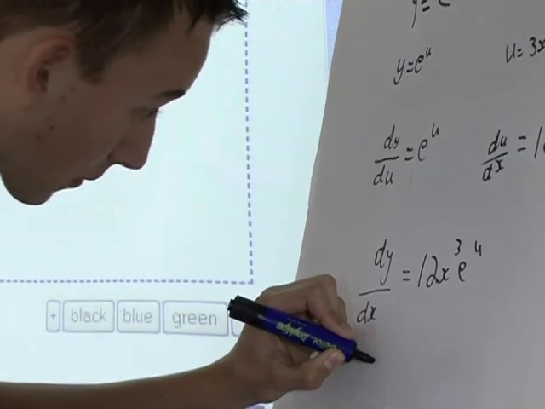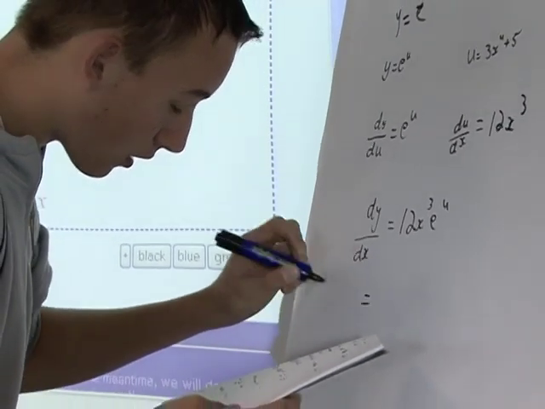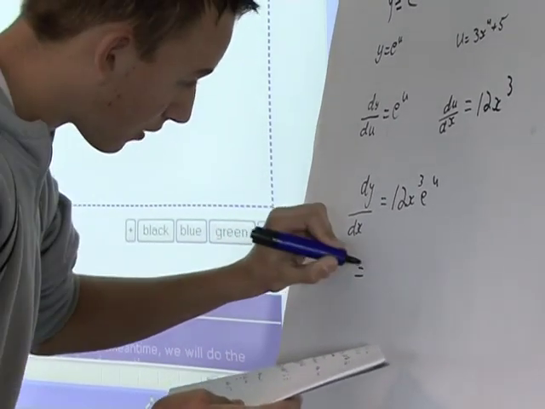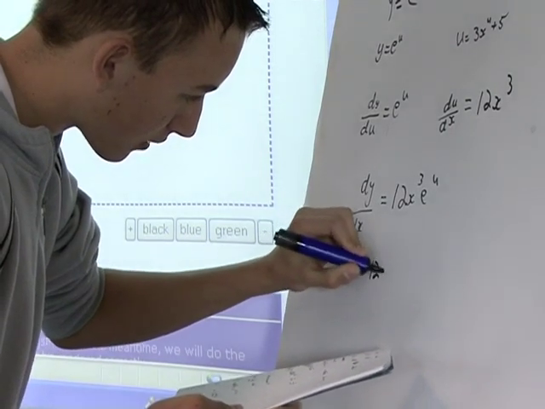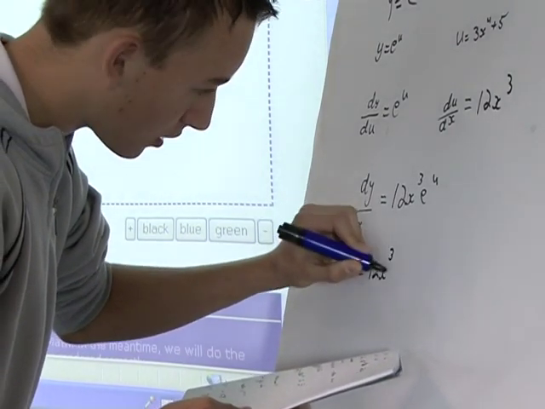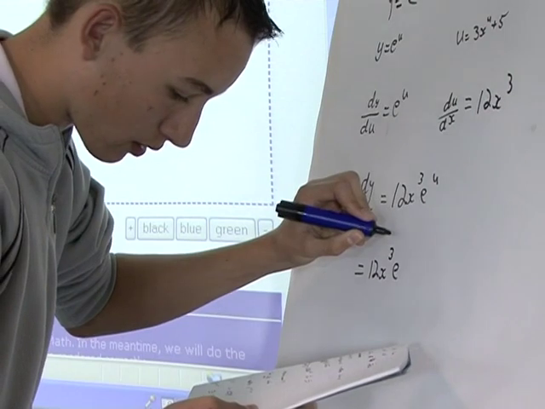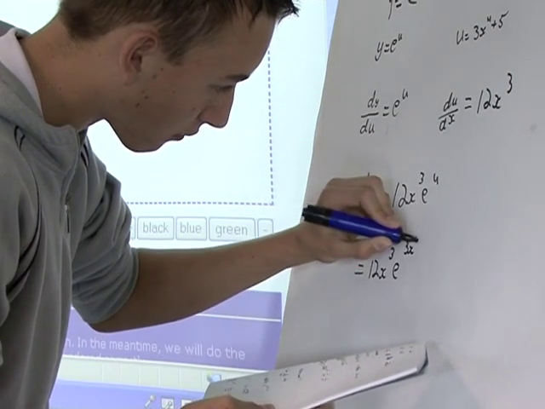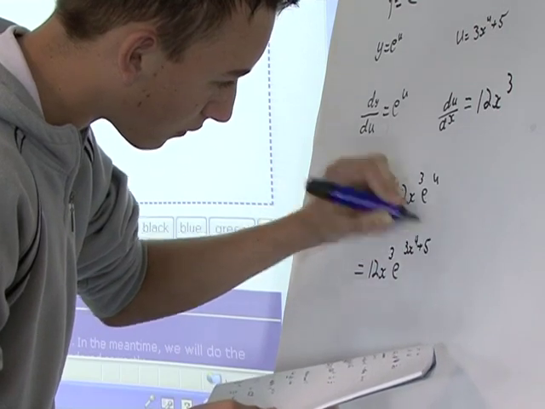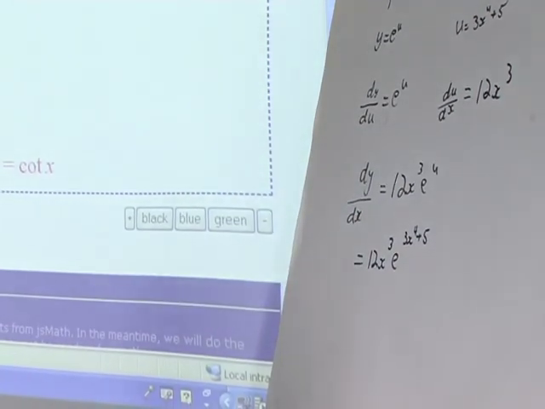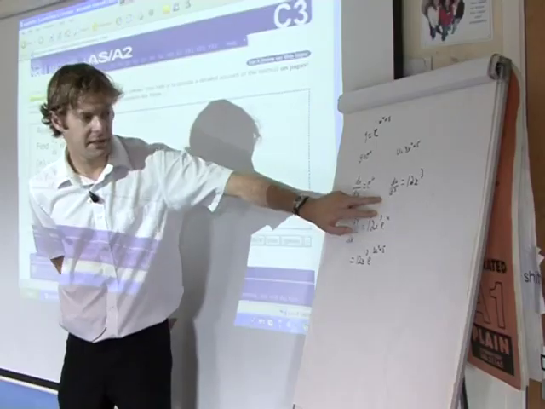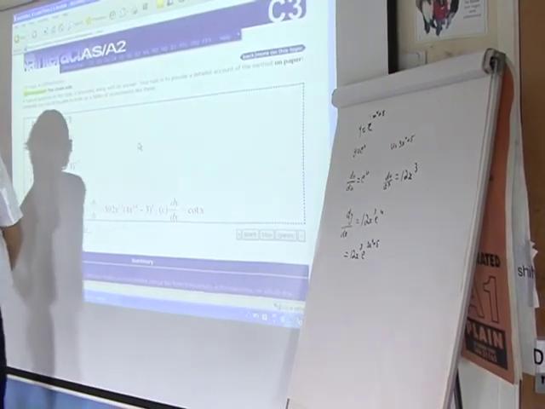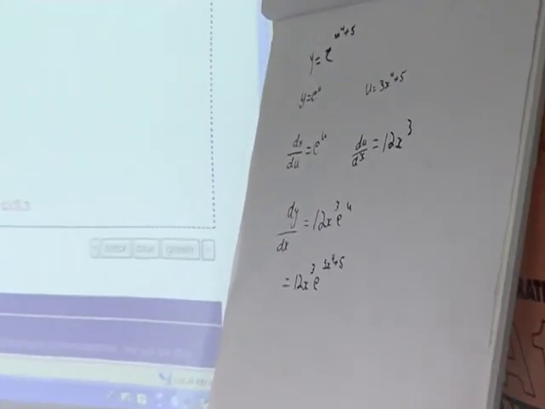So the chain rule says to find the product of those two derivatives. And that then equals 12x cubed e to the power of 3x to the power of 4 plus 5. Perfect. Well done, Matt. In this space here, dy dx equals dy du times du dx.